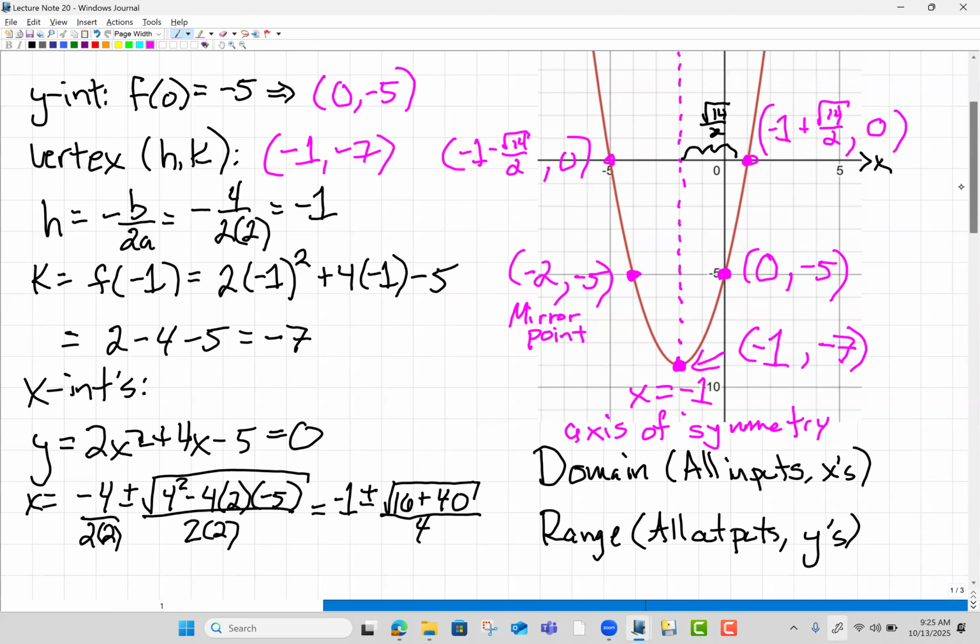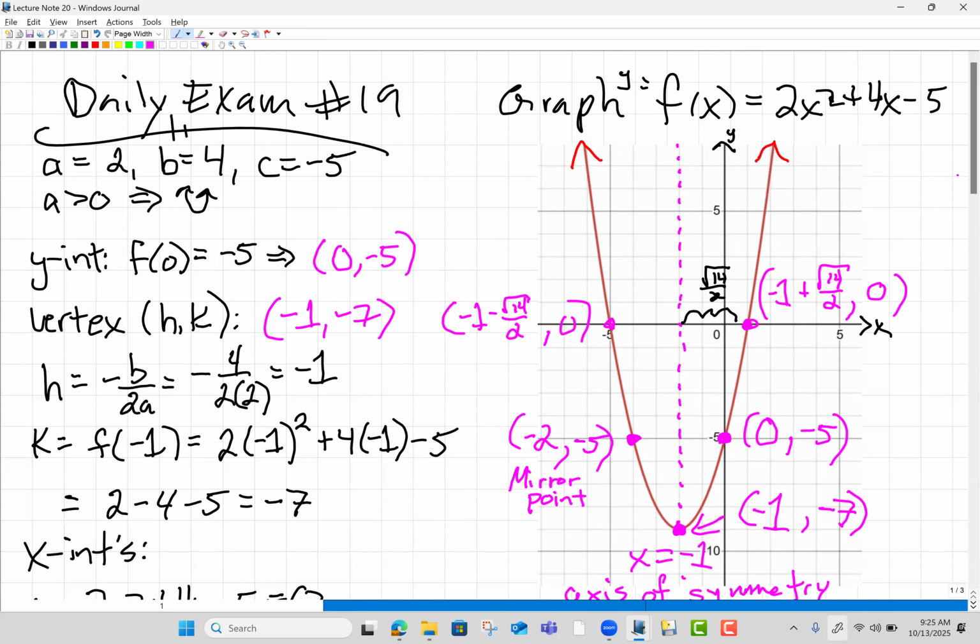Now, check out our picture. We have our axis of symmetry, and the equation for it. Every single point on this line has an x equals -1 that we got from the vertex formula. h equals -b over 2a. h is the name we give to the x coordinate of the vertex. So once you have the x, the function will tell you the y. Take your x, give it to the function, it spits out the y value, which we did right here.